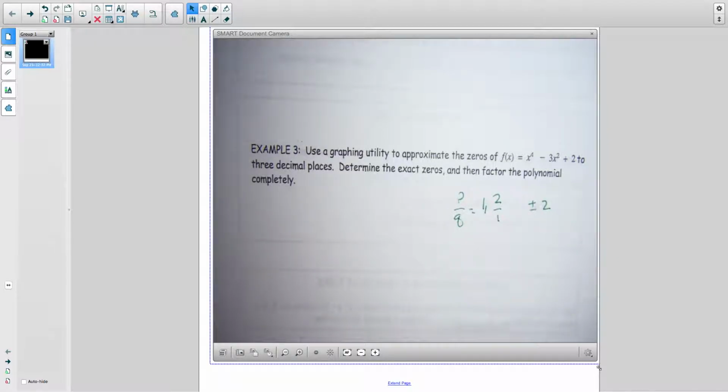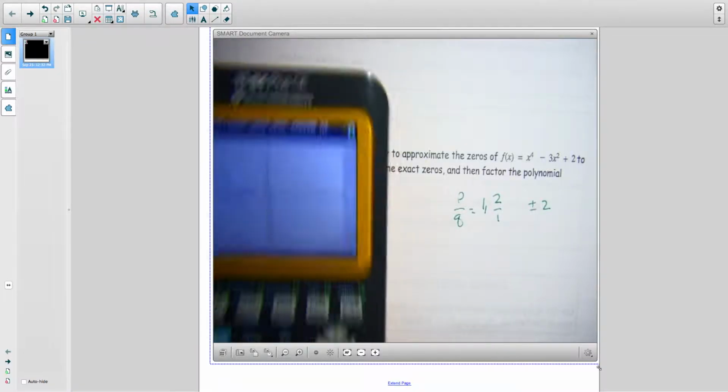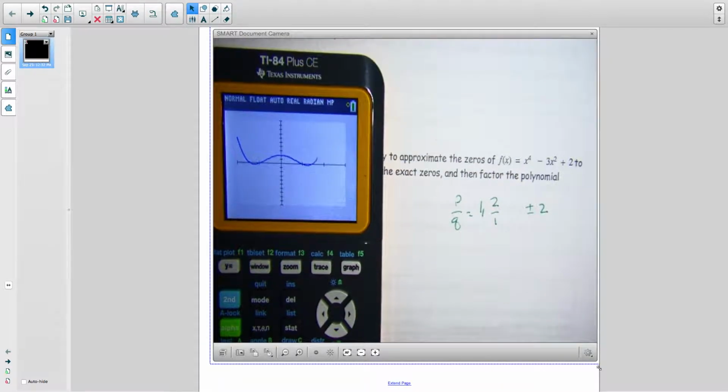So I'm gonna do my window between negative 2 and let's go 3. Let's hit graph. So there, it brings it up. So how many zeros are there?